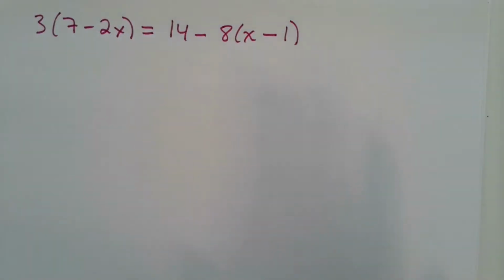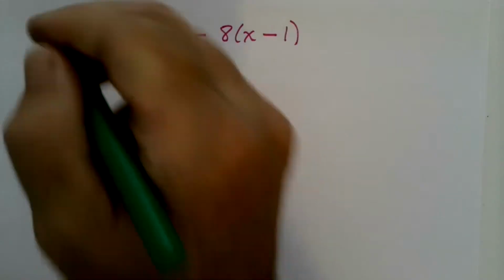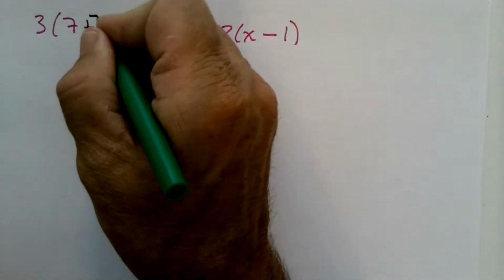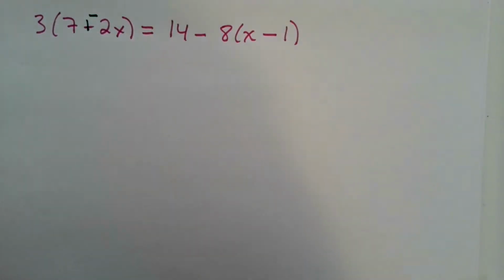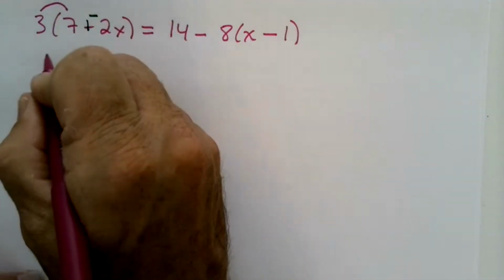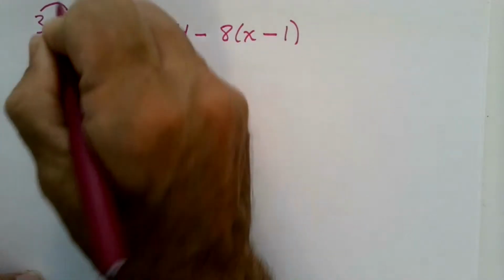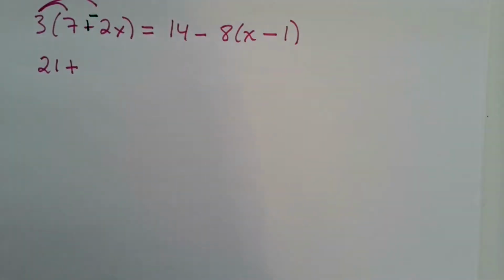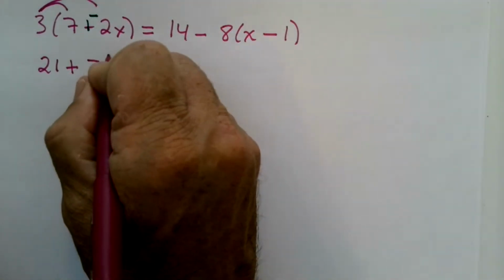We want to see the left side of the equation. We want to see the right side of the equation. We want to simplify each side independently first. So I'll change the minus to plus negative. Let's distribute. 3 times 7 is 21, plus 3 times negative 2x is negative 6x.